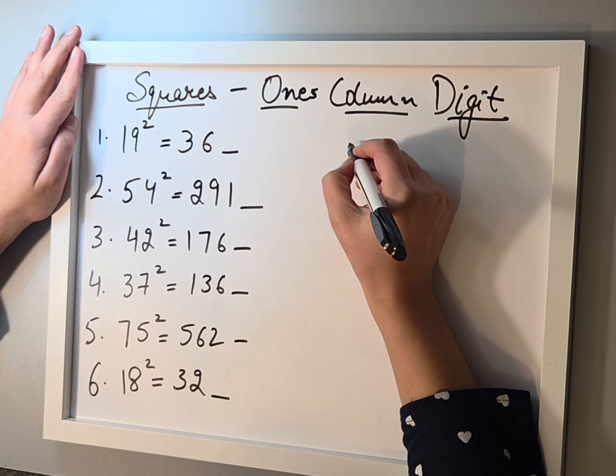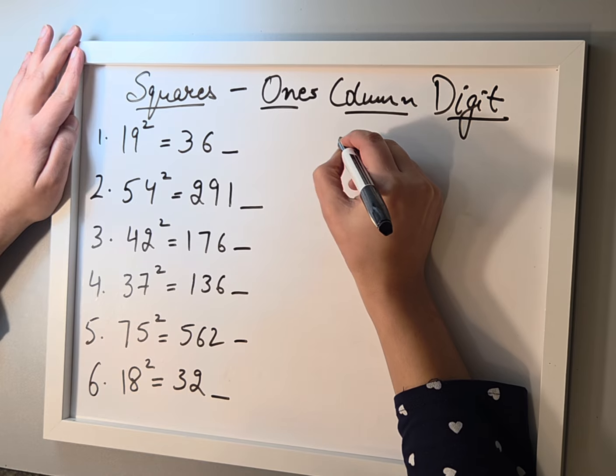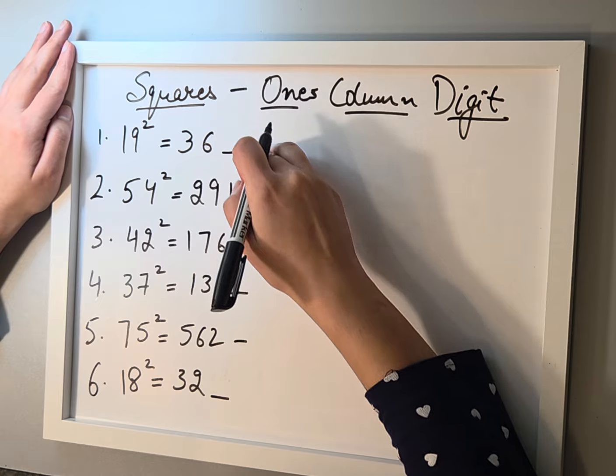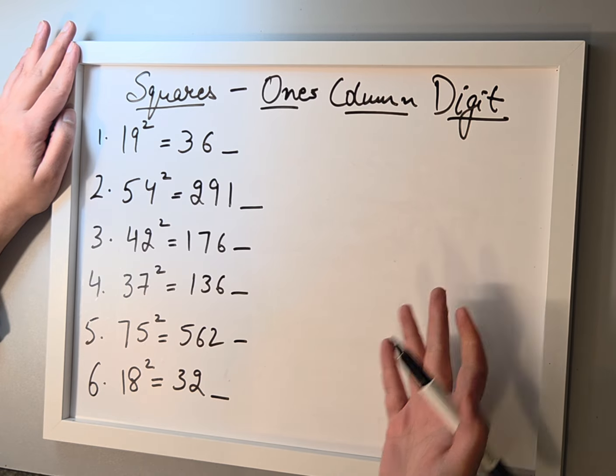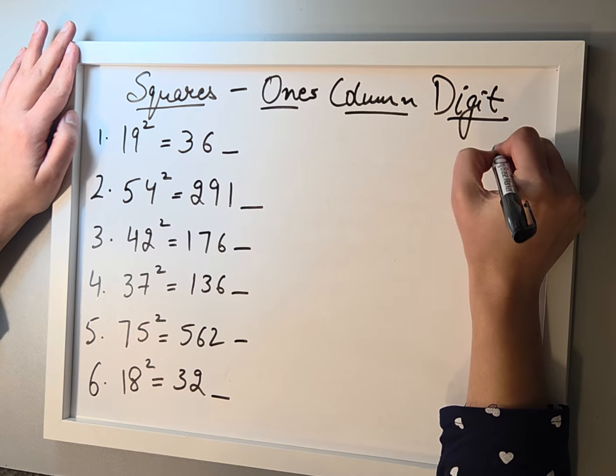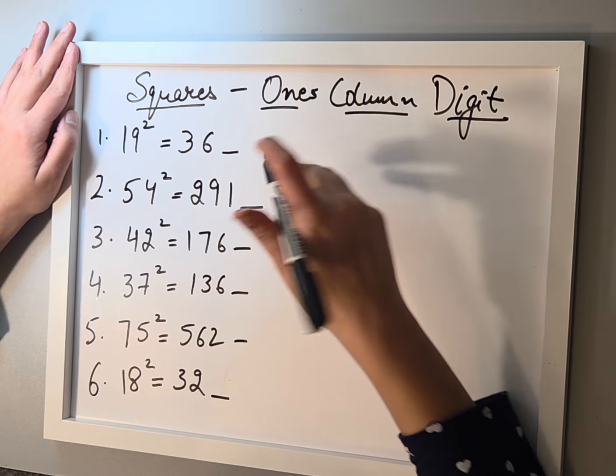So let's take the first example. Suppose we remember 19 square, we have 361. So we can directly write 361. In case we don't remember it, we can always multiply, find out the answer and write it.